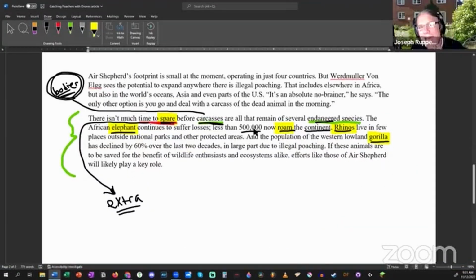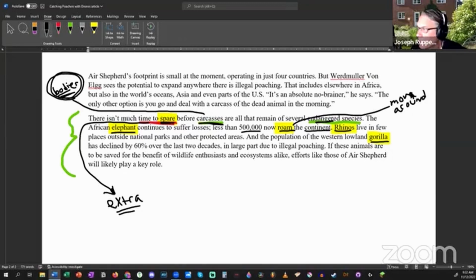So less than 500,000 of these elephants are roaming, wandering around Africa. We could just say move around.